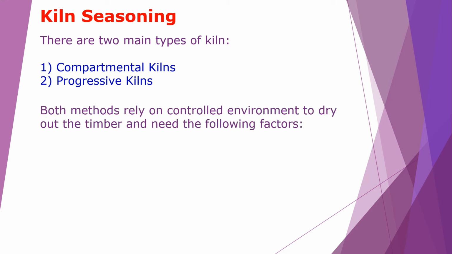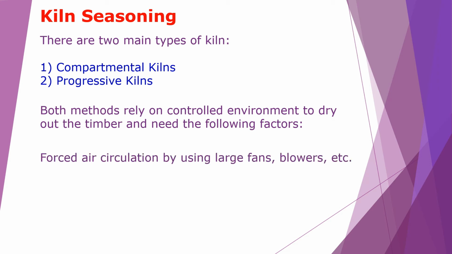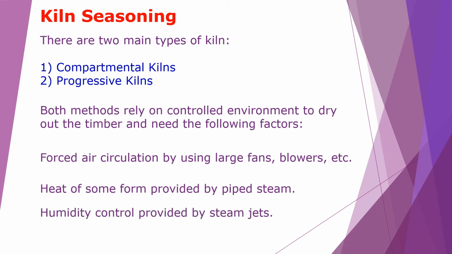Both methods rely on a controlled environment to dry out the timber and need the following factors: forced air circulation by using large fans, blowers, etc., heat of some form, which is provided by piped steam, and humidity control, which is provided by jet steams. These are the two general methods. I understand there are a number of other methods under these two headings, but we're not going to be talking about those methods in this presentation.